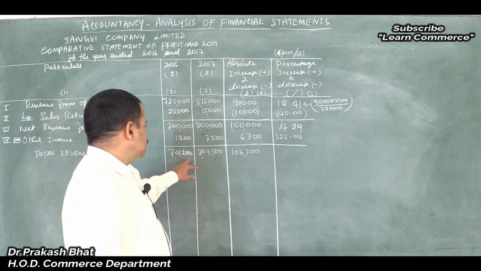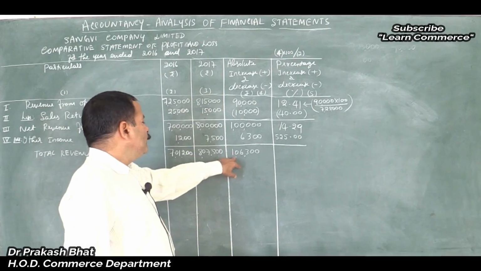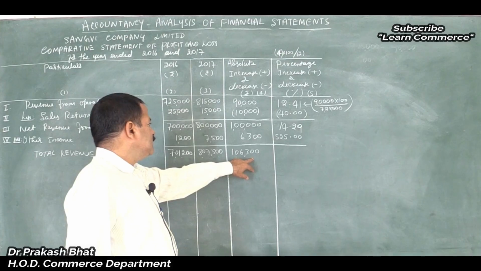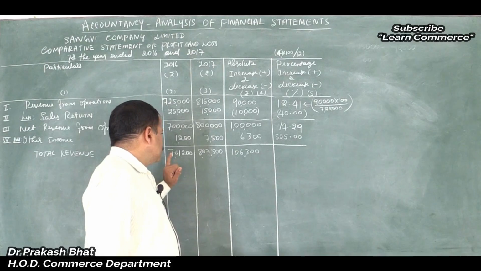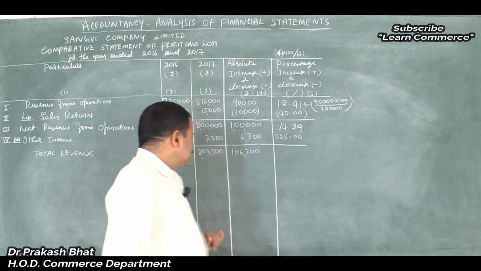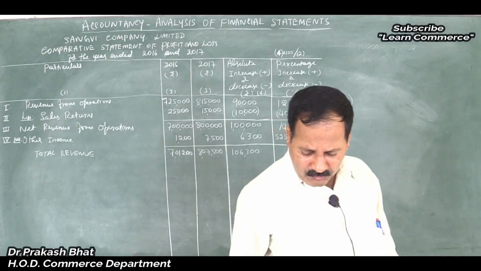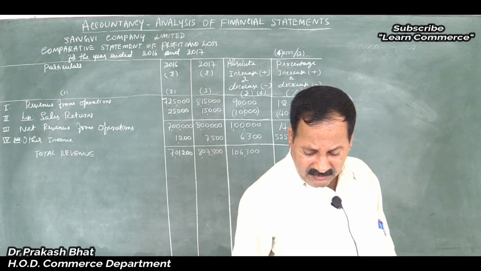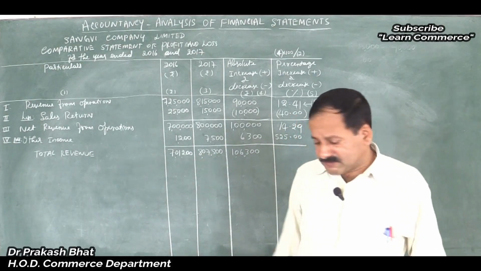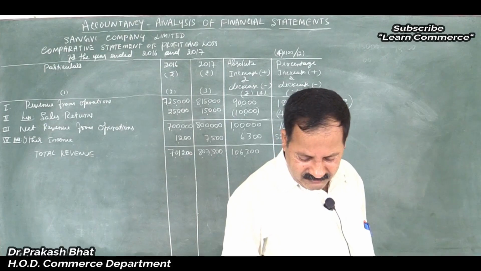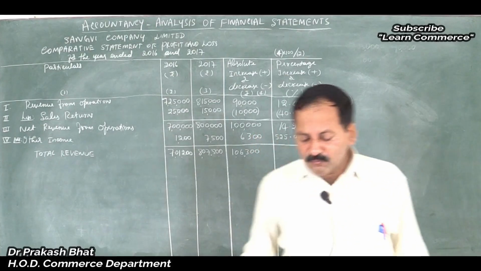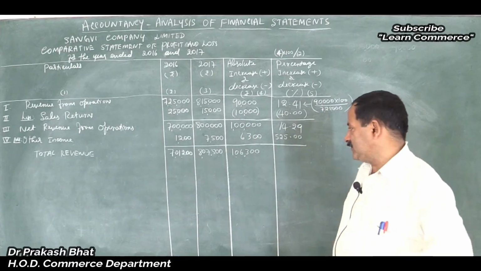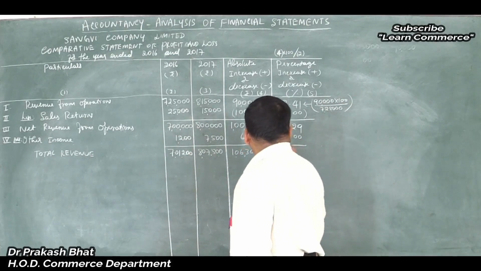For 7,01,200, there is an increase of 1,06,300, isn't it? So how much is the percentage? Just calculate 1,06,300 into 100 divided by 7,01,200. That is 15.159. Make it as 15.16.